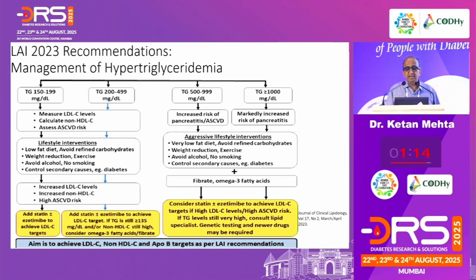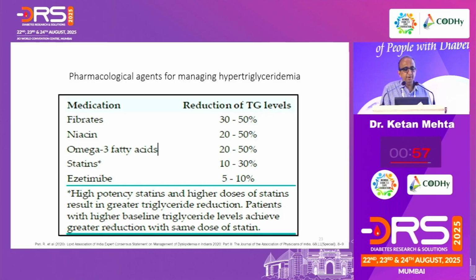But when the triglycerides are more than 500, you should be using therapy which is specific to the triglycerides. So besides the intervention in terms of lifestyle, fibrates, omega-3 fatty acids, and then adding other drugs which will be of relevance, which is very important also.